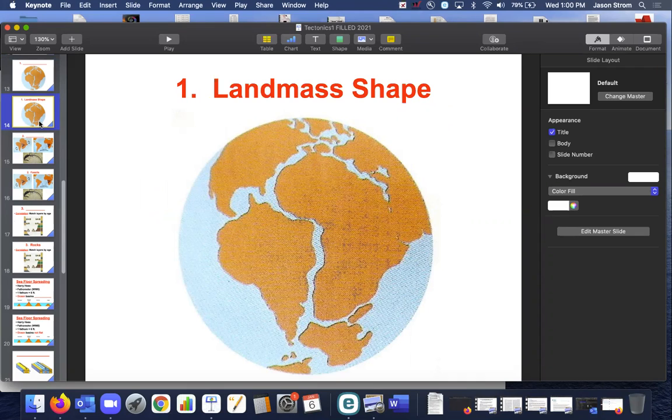And actually, if we were in school, like every other year, we would do an activity where you cut up a map, cut out the continents, and move them around, and you can see that they do fit together pretty well, especially the coast of South America and Africa. They fit together incredibly well, especially considering the amount of time that's passed from when they broke apart. So that was his first piece of evidence, just the shape of the continents. They look like they fit together.